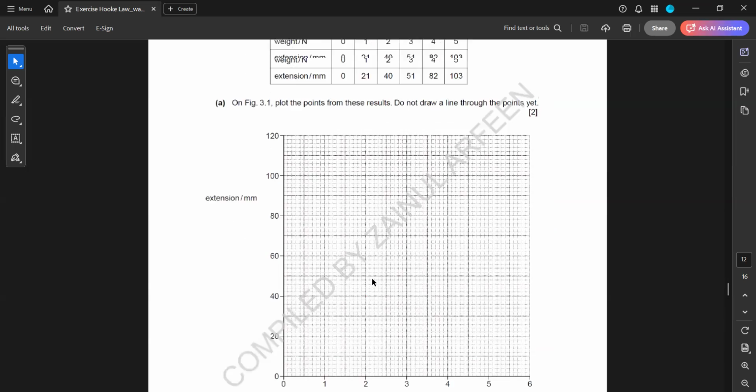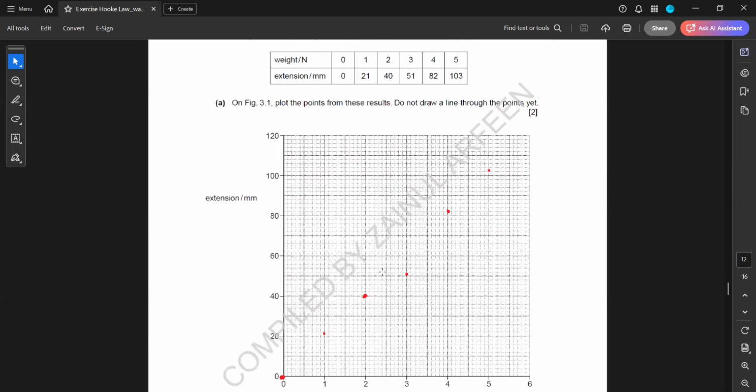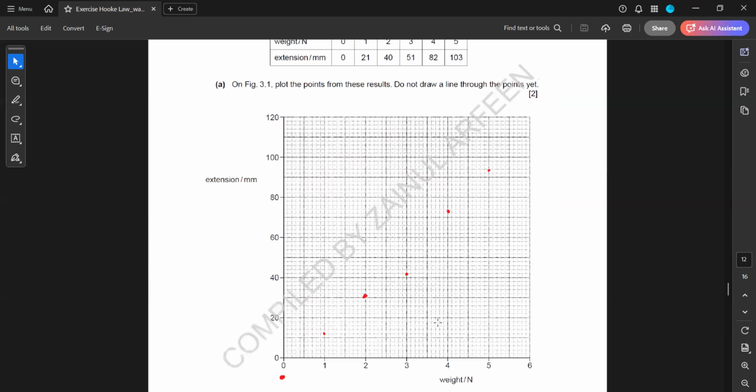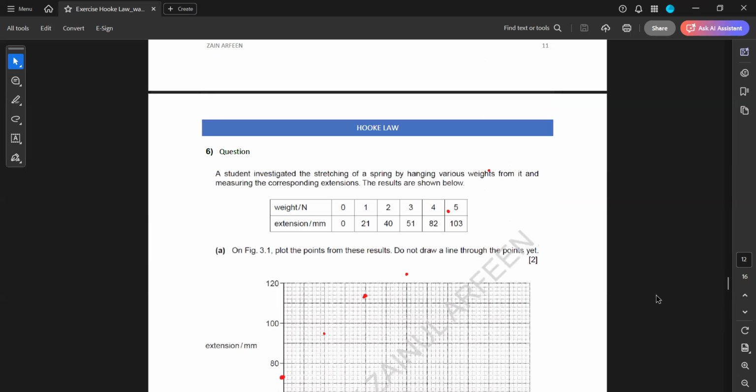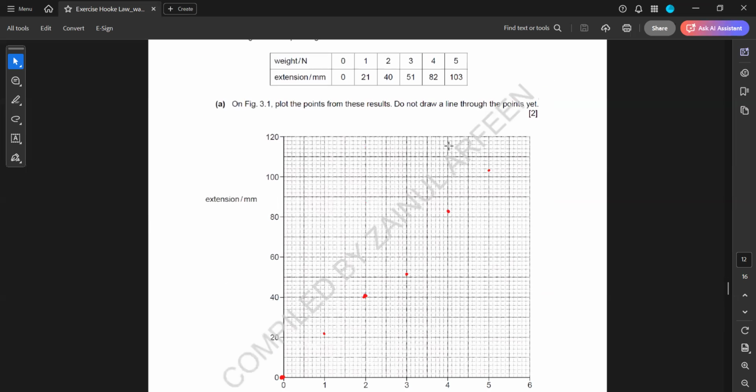Which result is this? So which result appears to be an error in this one? E. When you plot these results, so when we have these results, which one appears to be an error?